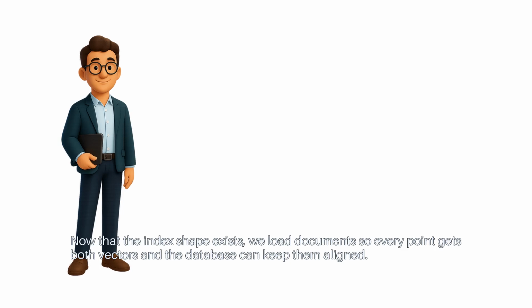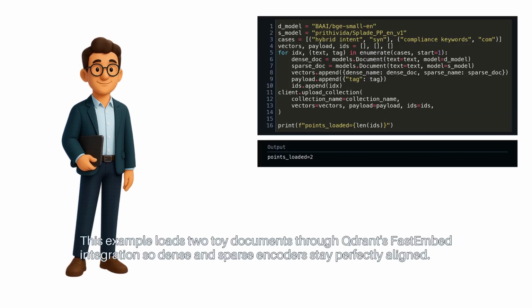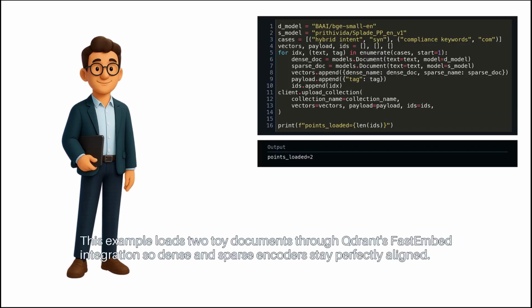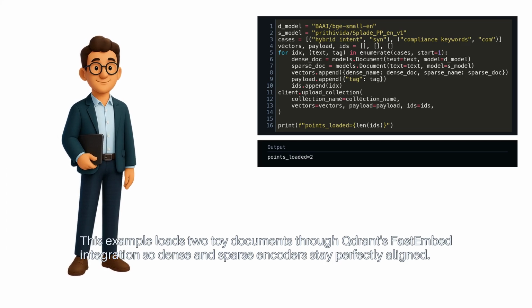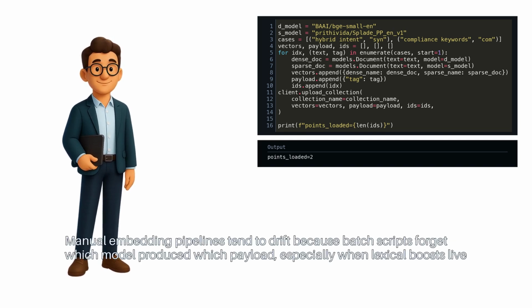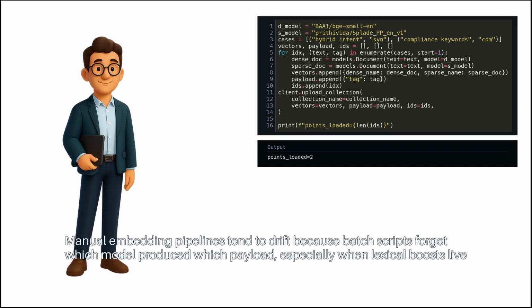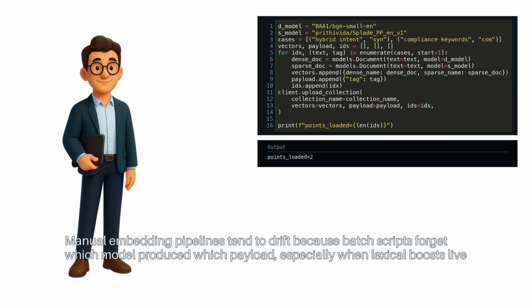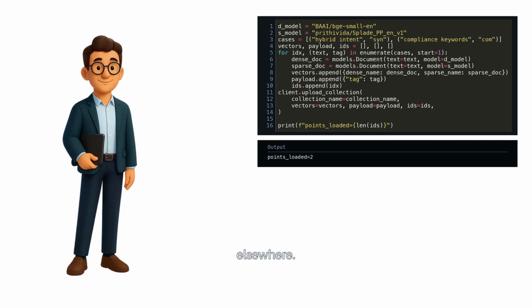This example loads two toy documents through Qdrant's FastEmbed integration, so dense and sparse encoders stay perfectly aligned. Manual embedding pipelines tend to drift, because batch scripts forget which model produced which payload, especially when lexical boosts live elsewhere.